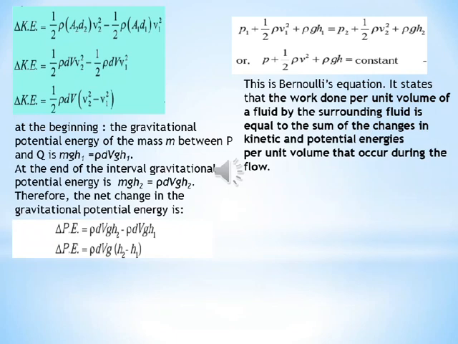All the terms related to point 1 are on one side, and all the terms related to point 2 are on the other side. So you're getting this equation. We can directly say that P plus half rho V squared plus rho g h is equal to a constant. So this is nothing but Bernoulli's equation.